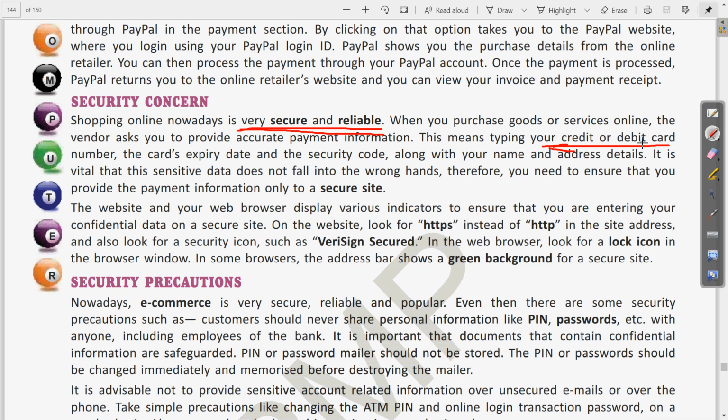Then on the cards we have the card number and expiry date. So these are the different details required to be submitted while doing the payment. So it is vital that the sensitive data does not fall into the wrong hands. Therefore, you need to ensure that you provide the payment details only to a secure site.